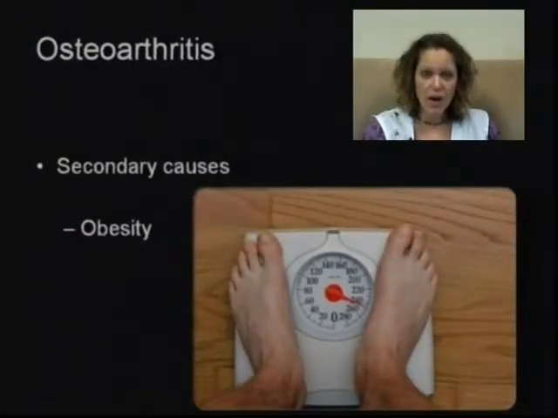Another secondary cause can be obesity. So if you are overweight, you're putting increased pressure on the joints, and if you don't have the muscle strength to keep that joint stable, we could be exacerbating osteoarthritis by being overweight.